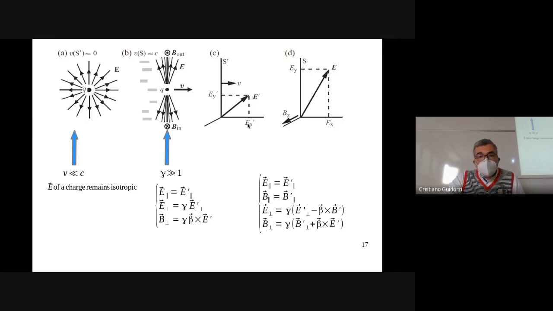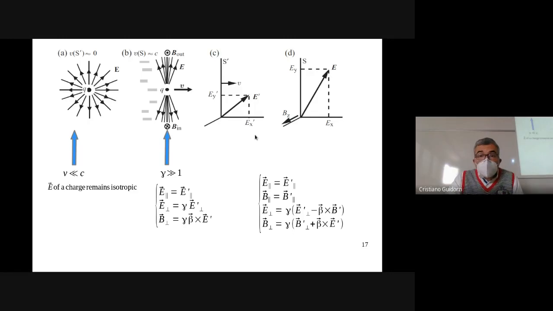So you have an Ex' component, Ey' component. And of course, since the electric field is radially directed, it means that it has the same direction as the position vector. Now, when you move from the moving frame to the lab frame, you see that the Ex is just the same because the parallel component remains unaffected.